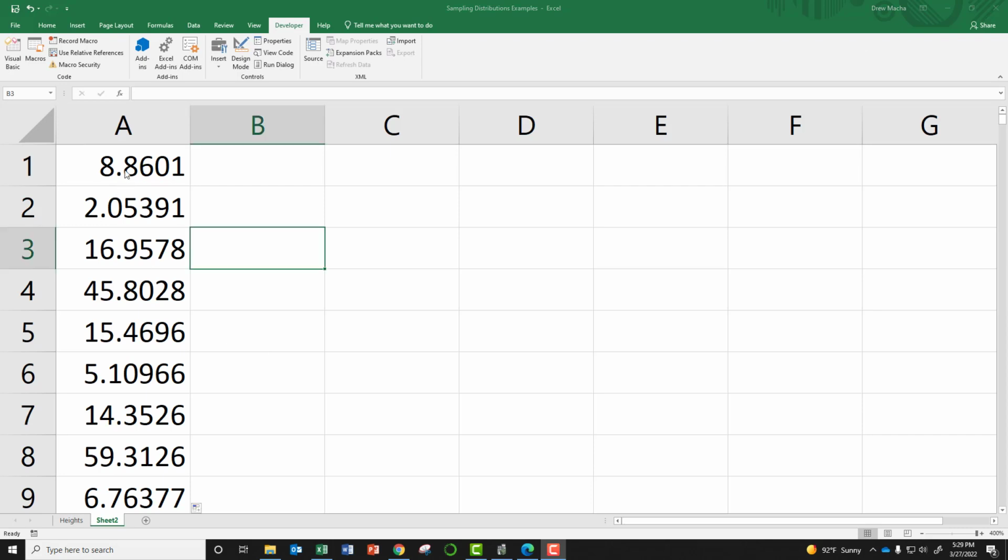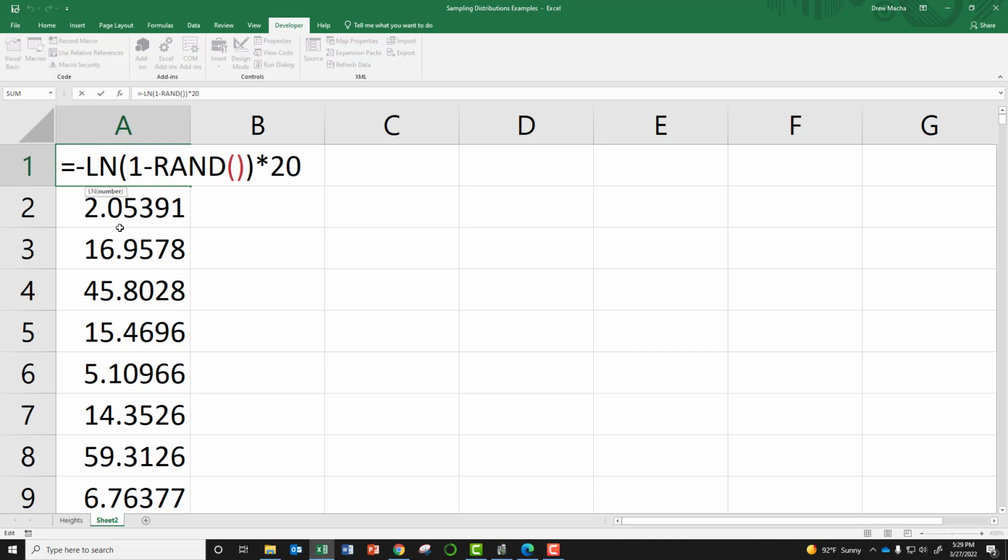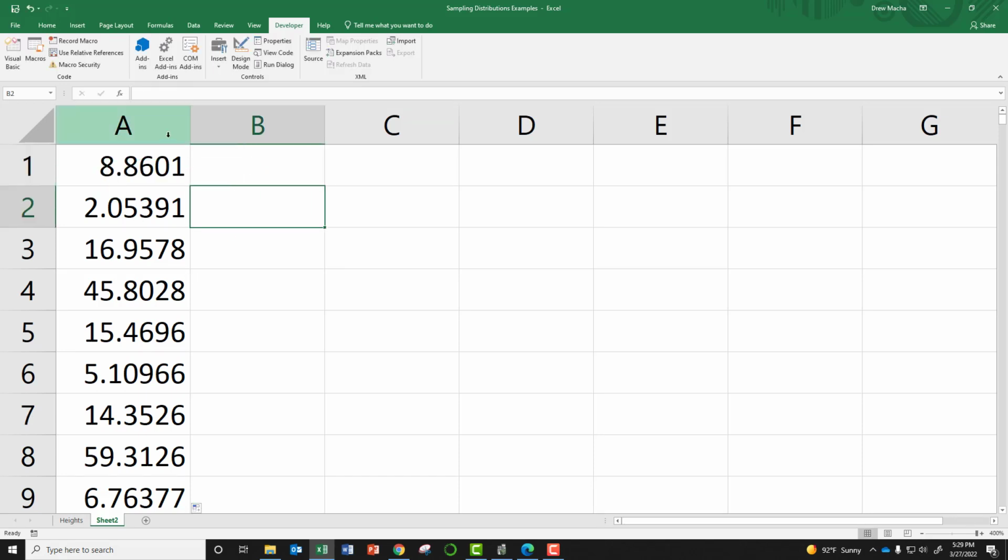Okay, so I just had to look up really quick, because I don't do this a whole lot, what the formula is to generate data that randomly follows an exponential probability distribution, and so this is the formula that I've applied.